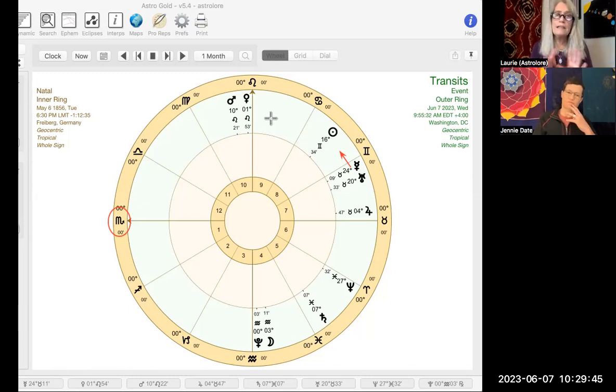So wherever it's moving and whatever sign it's moving in, it's bringing the shade of the sign into that area of life, that house. And this one is the most recent switch, where we were in Cancer and now it's in Leo. So just as an example, we all have experienced that switch recently. Think about that in your own life.